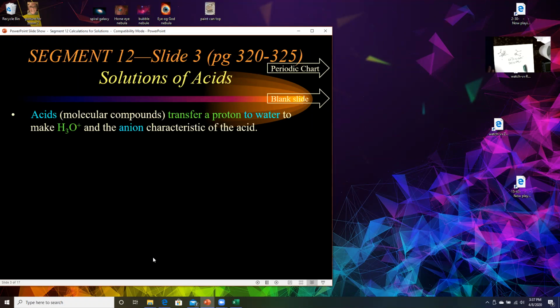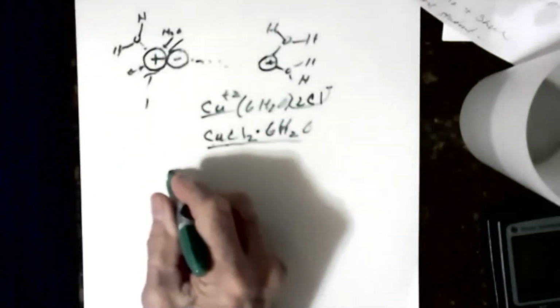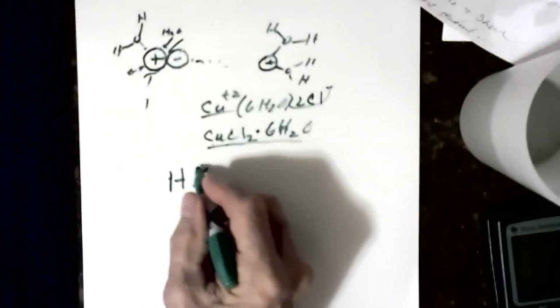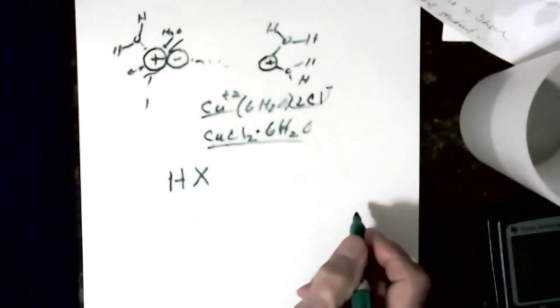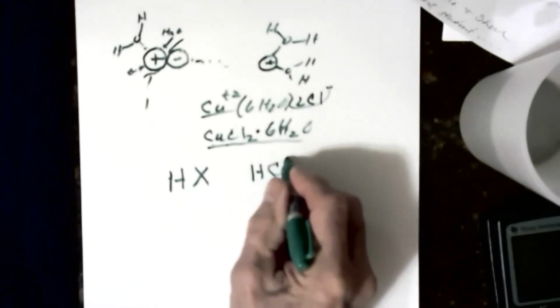Now, let's look at a special class of compounds. It's called acids. Essentially, an acid is a compound that has the ion H3O+ in it. And generally, when we see formulas of acids, you're going to have compounds that look like this: the H and then some anion over here. One common acid we've already used in the lab a lot is HCl.